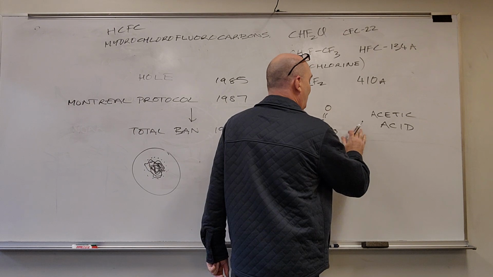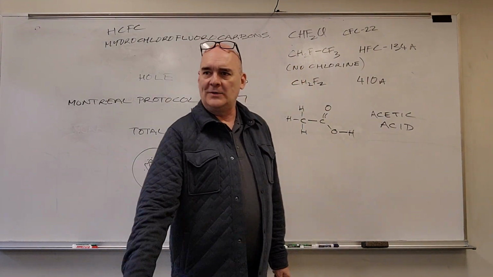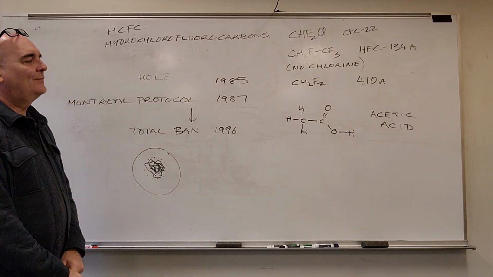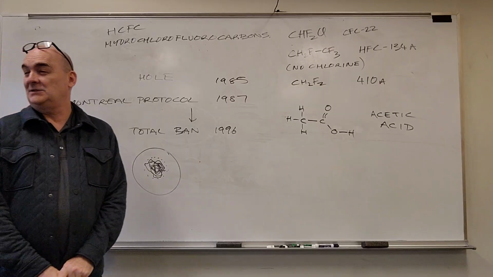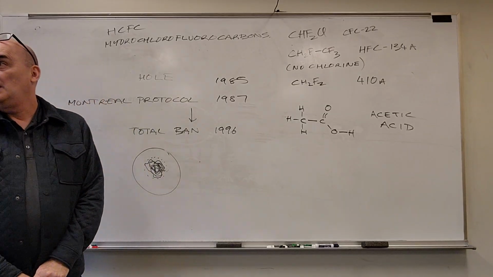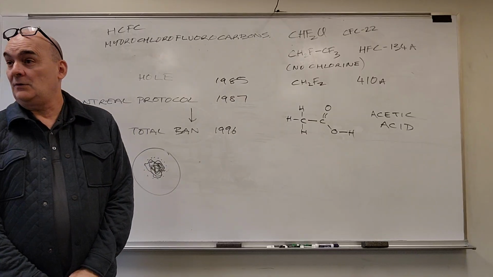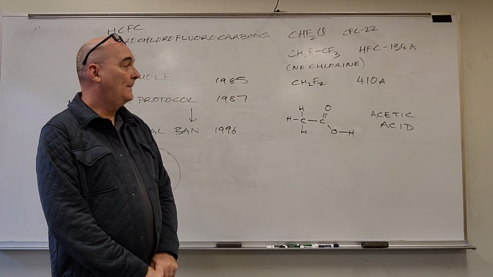And we measure that with a thing called pKa. We don't have to know numbers, we're not going to be doing numbers. But the pKa for acetic acid is 4.8. The pKa's for strong acids are zero, close to zero. Okay.